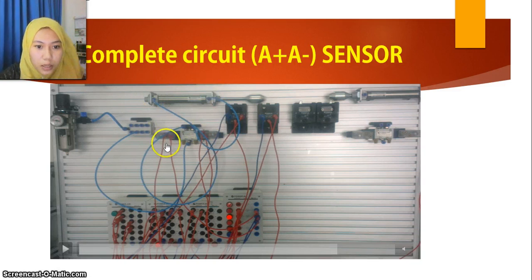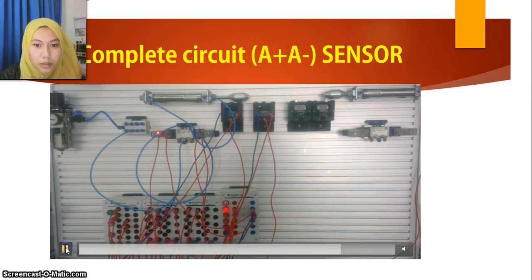When the electro gives the signal at A plus, it connects to the electro of this A plus, and this block will turn and extend the piston, and then when it touches sensor 2 at A minus, it will retract back.